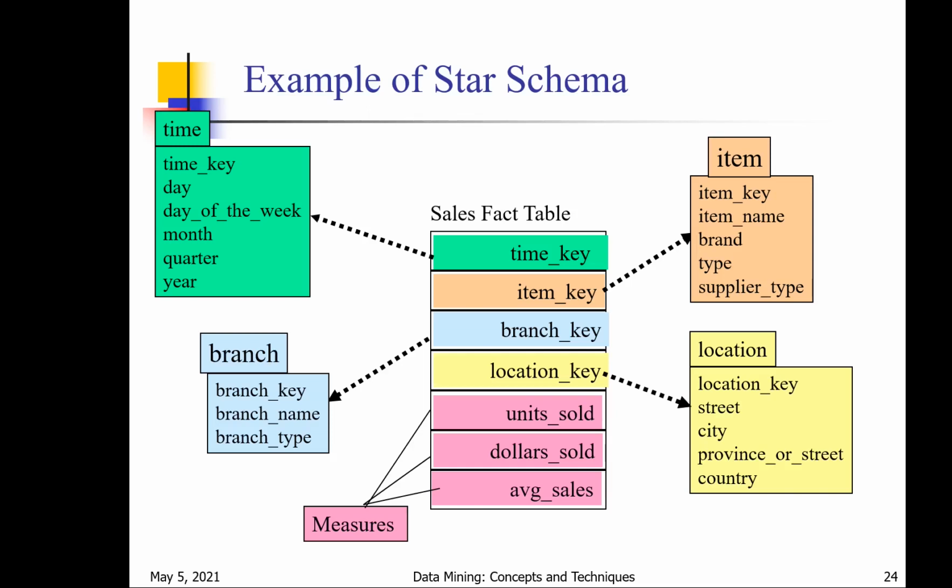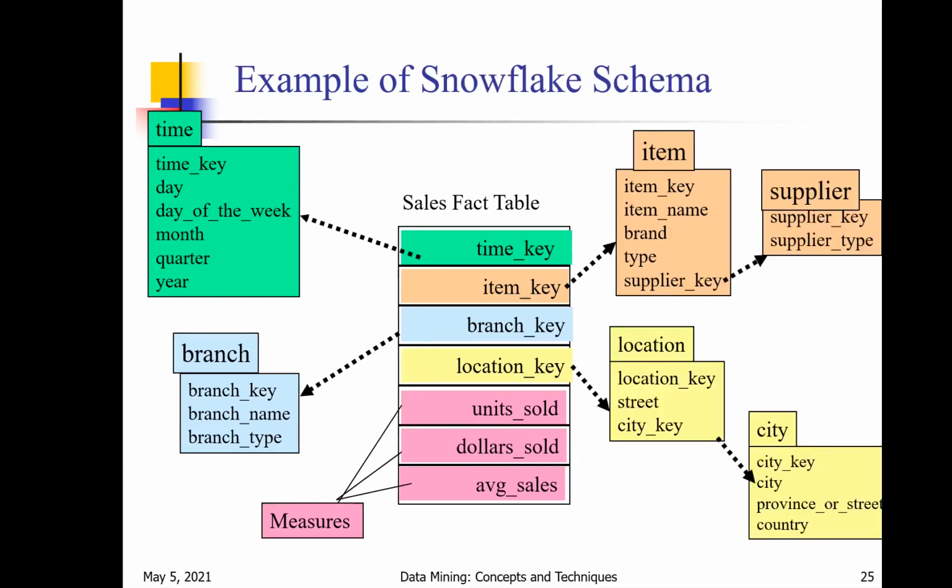See here, it is an example of a snowflake schema. It is also the same as the star schema. It is nothing but a refinement of the star schema, as we have already seen. The central fact table is the sales fact table, surrounded by time, item, branch, location. These are dimension tables, the same as in the star schema.